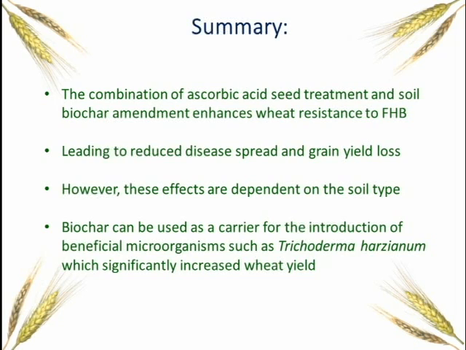However, there appears to be an effect of the type of soil that you use, so it probably won't work in every soil in the field. And finally, biochar can be used as a carrier for the introduction of beneficial microorganisms such as Trichoderma harzianum, which significantly increases the yield.